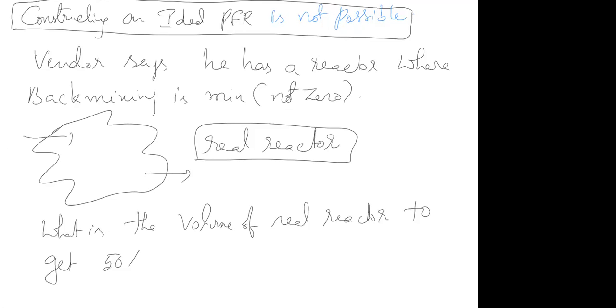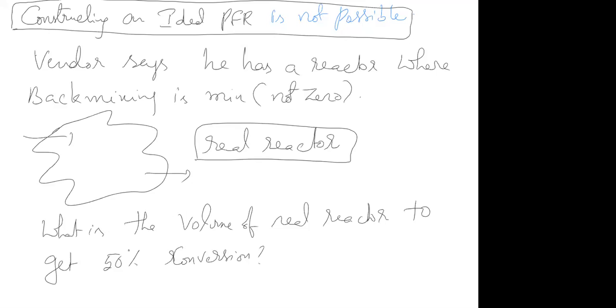Can you calculate this? How did you calculate, let's say, 400 CSTR, 2600 PFR? You have the input data, you calculated the volumes. Clear?